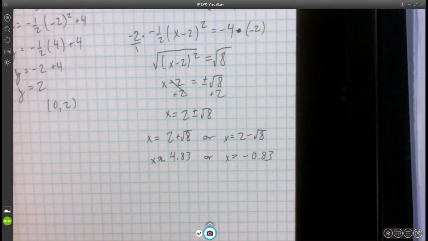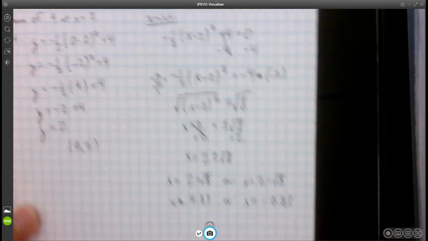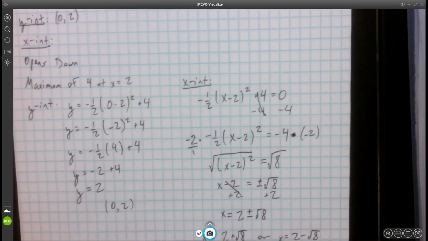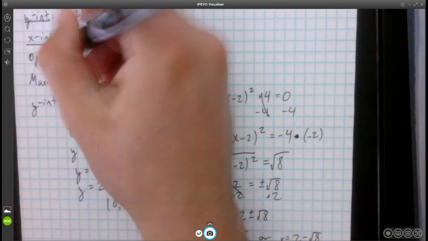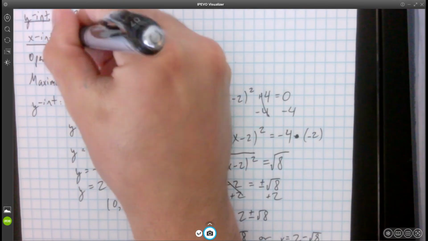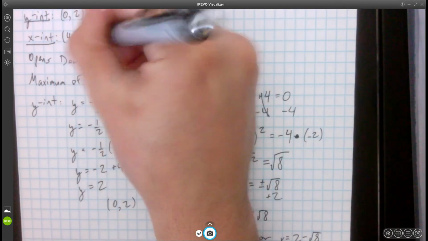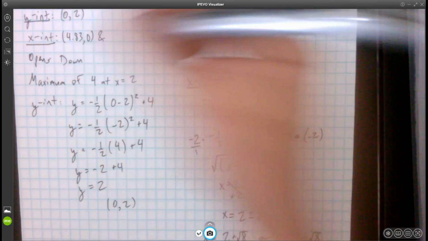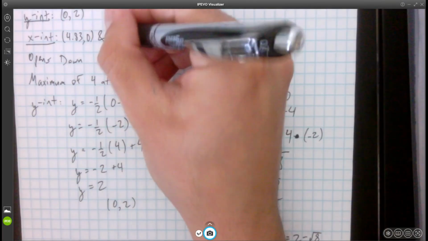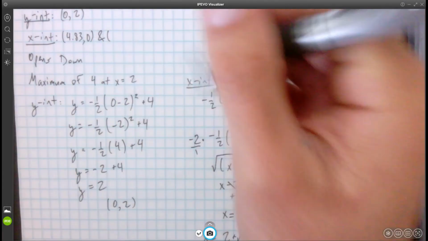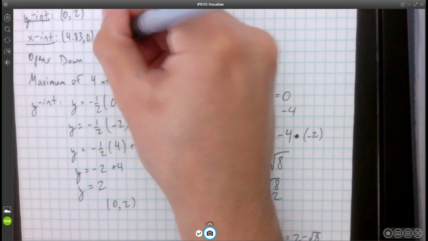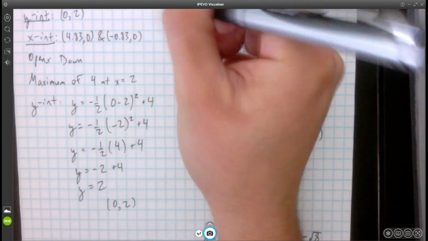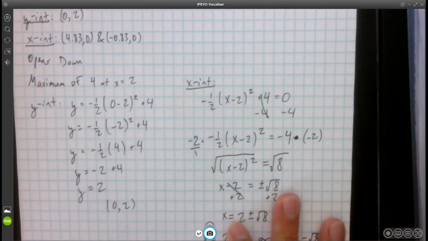Those are my x-intercepts, and I'll put those right up here. Again, if you need to pause because I'm going too fast, take advantage of that. If you have any questions, feel free to email me and ask. I'm available to answer these questions.